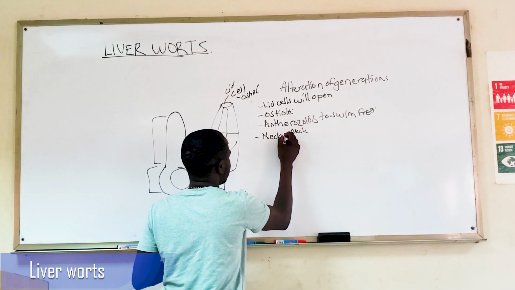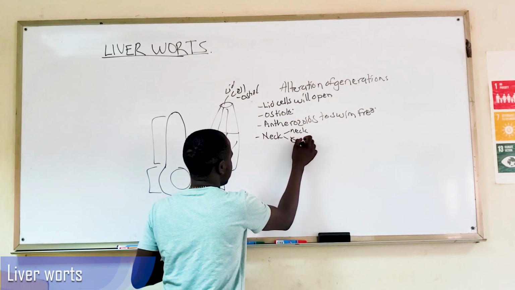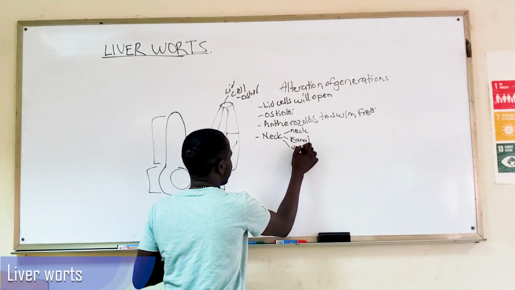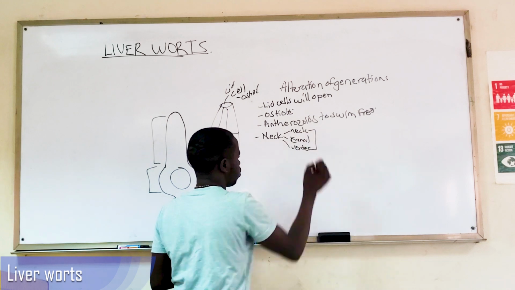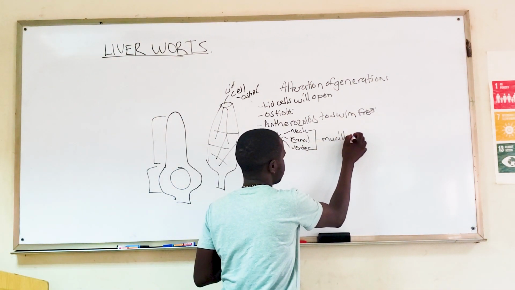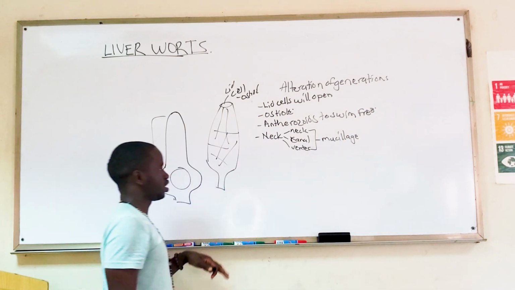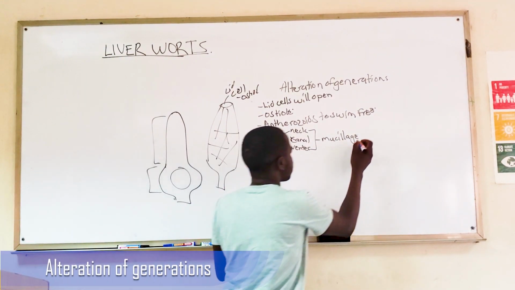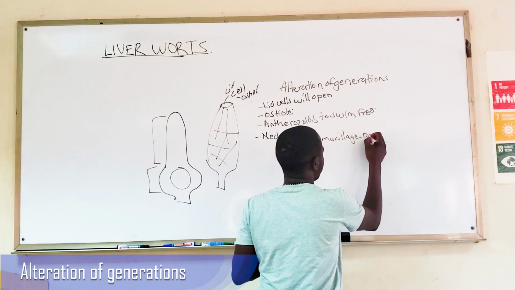On top of that, all the cells in the neck, that is the neck cells and the neck canal cells, plus the venter canal cells, disintegrate. When they disintegrate, they form what we call mucilage. The role of this mucilage is to aid in the opening of the archegonia.